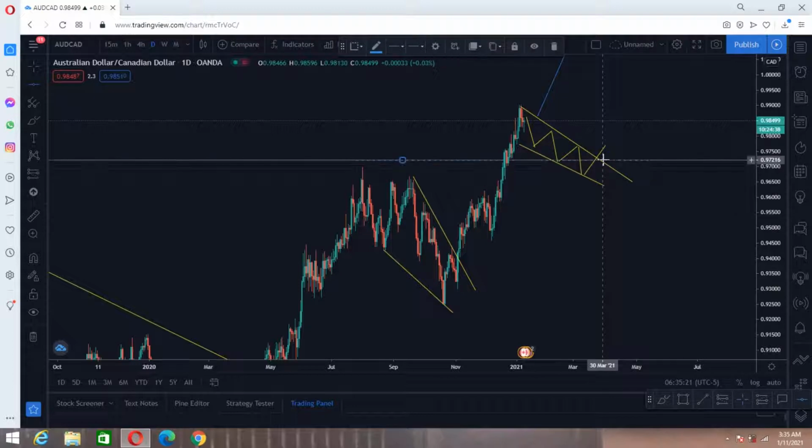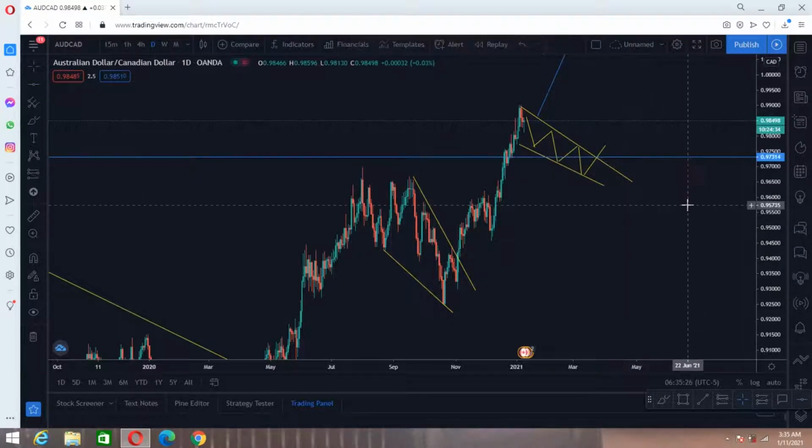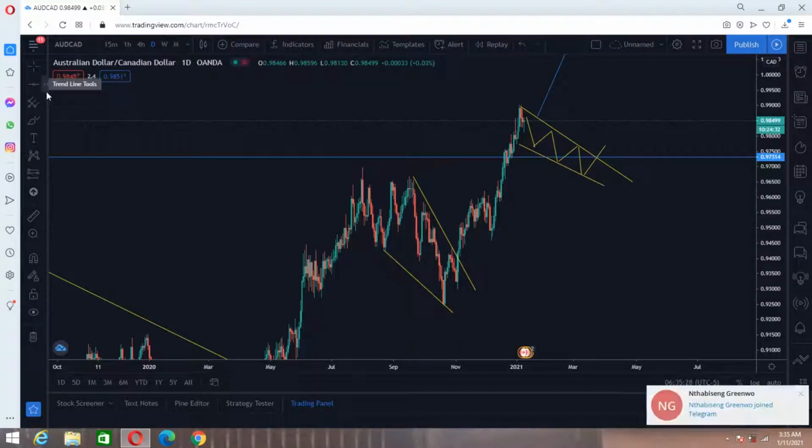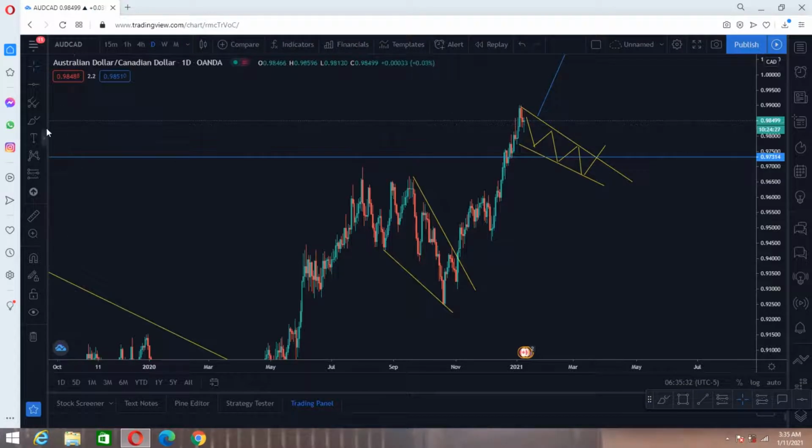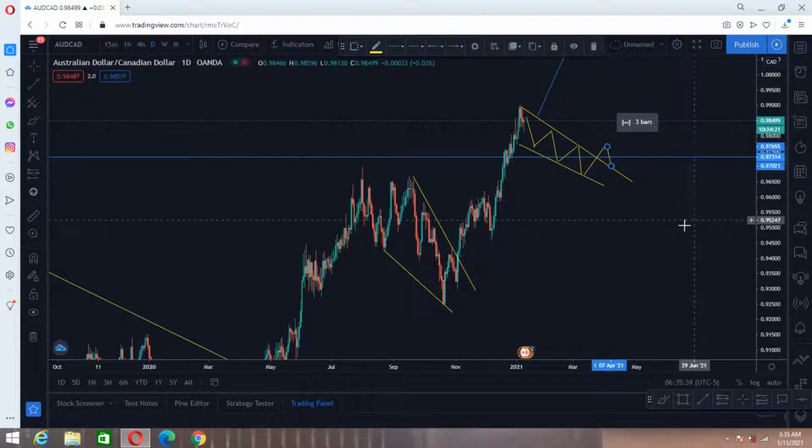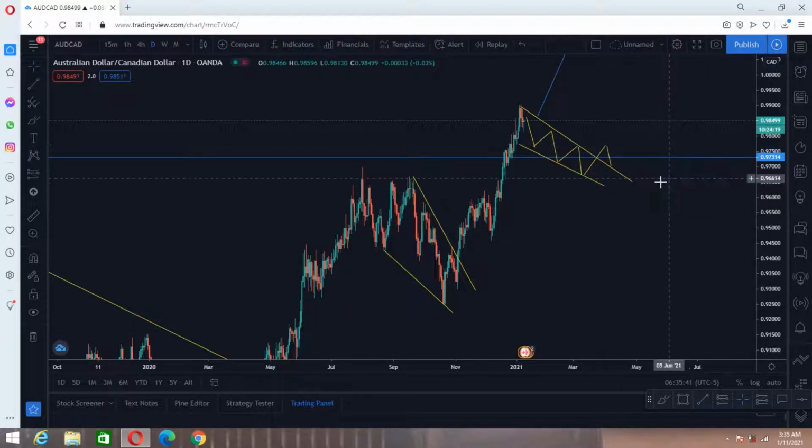For example, if I entered my trade here, if I entered the trade here, then I know that it's gonna come for a retest. So when it comes for a retest, it either takes me out on break even, or it takes me out on my stop loss. So the best option for me that I discovered is that I have to wait for it to break.